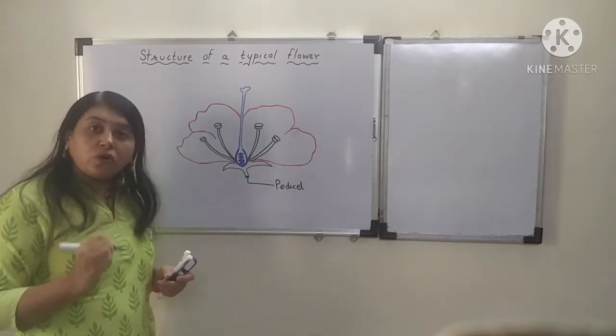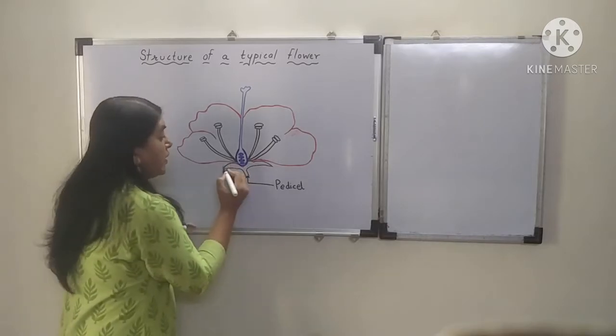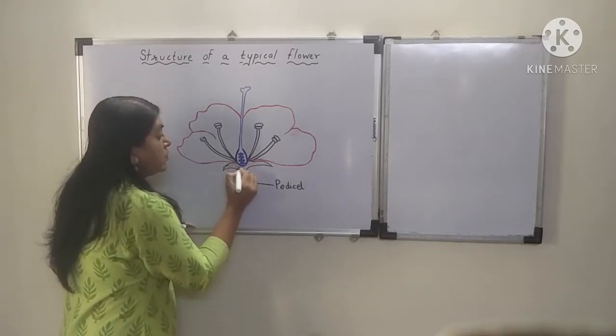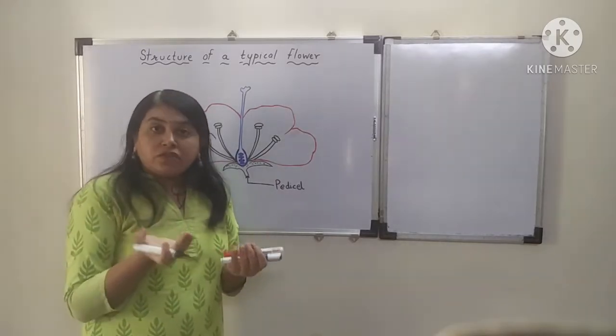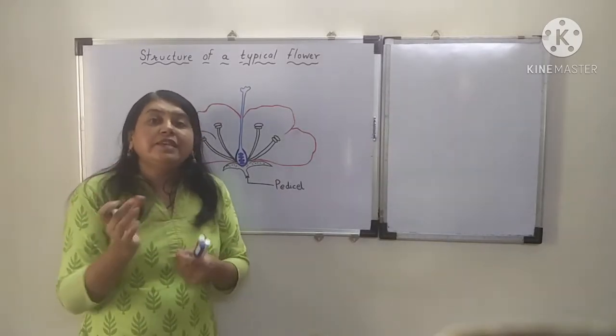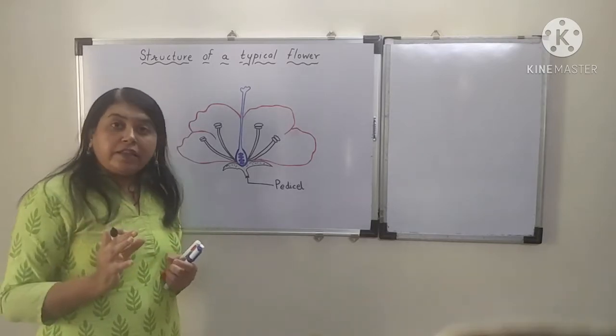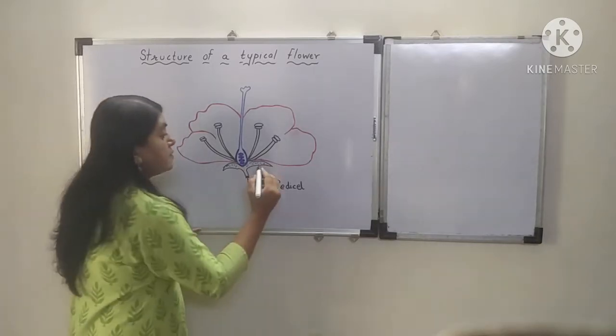Pedicel, which is the stalk of the flower. Then you can see these structures, this part. These are the leaf-like structures, very small structures present at the base of the flower, and they are called sepals.